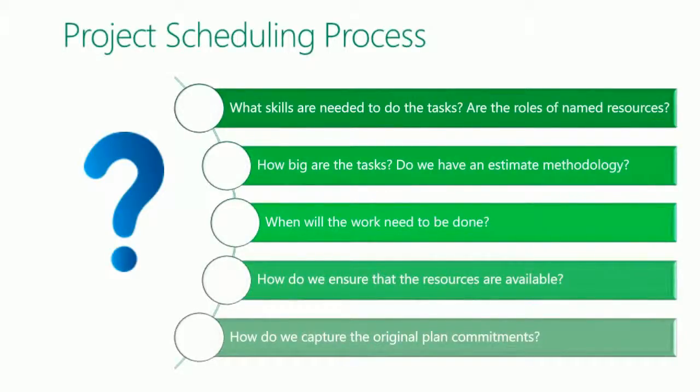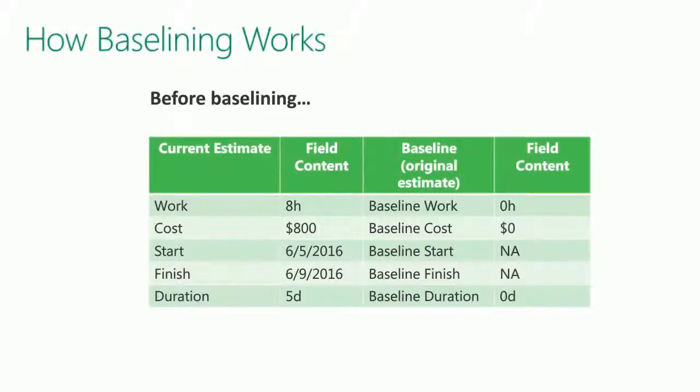And the definition of an optimized schedule, the way I learned it when I was a young project manager, is everything that is known is put into a plan that works. And that is tricky when we start bringing resources into the discussion. Okay? When we get to baselining, I'll demonstrate this.